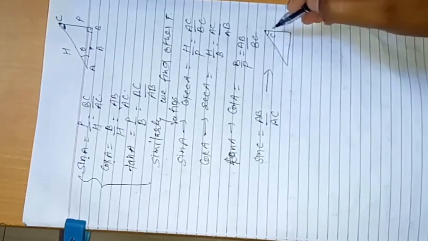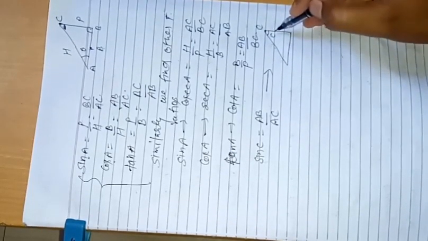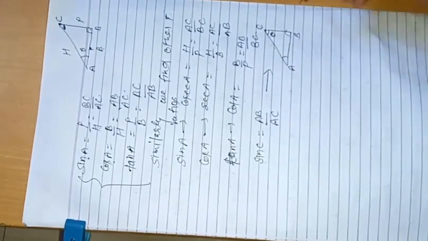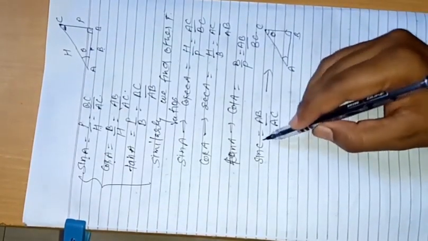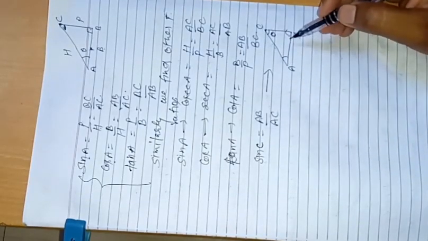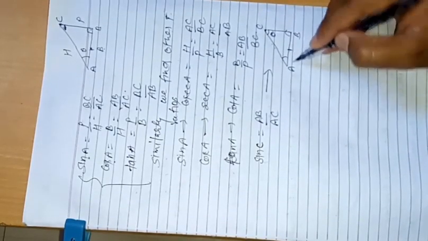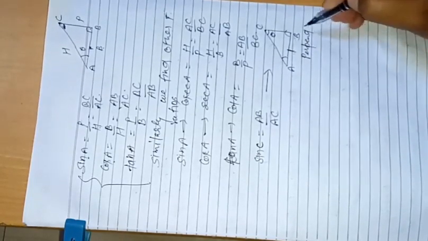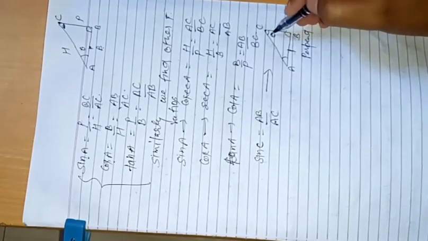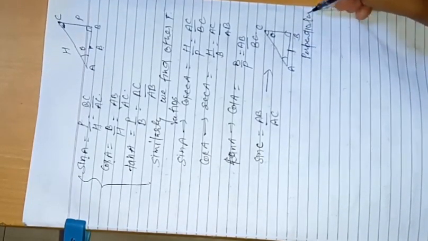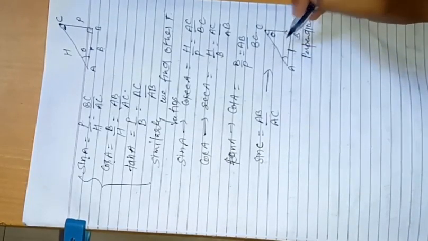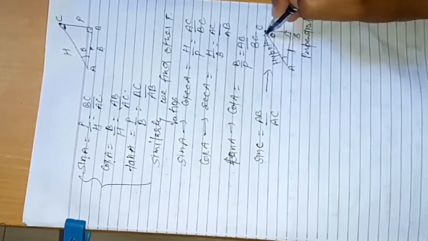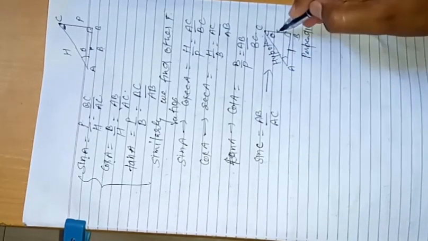Here find angle C. So C and angle A, and this is angle B. So sin C is equal to perpendicular upon hypotenuse. So here AB become perpendicular with respect to angle C theta, perpendicular, and in front of angle B always shows hypotenuse, and this is base.